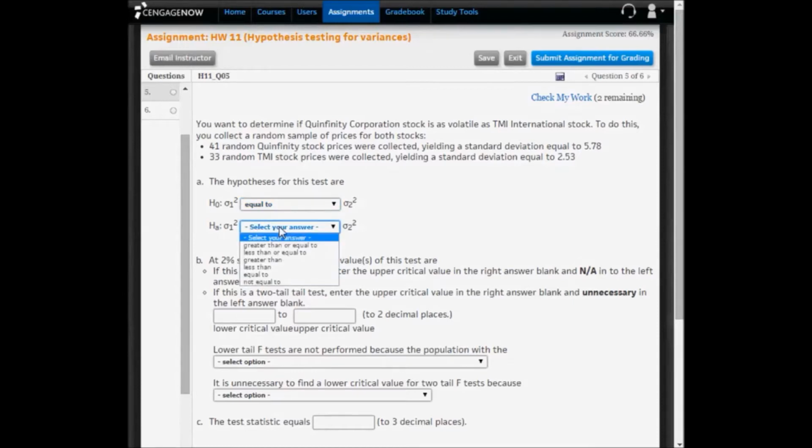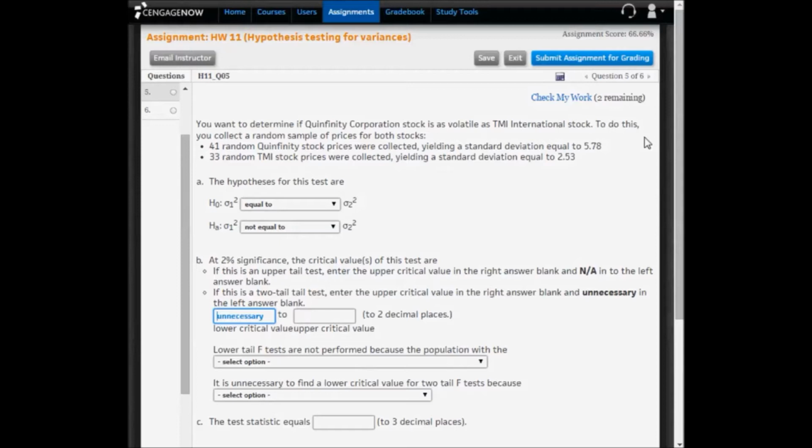The alternative hypothesis is the variances are not equal to each other. Because the alternative hypothesis suggests that this is a two-tailed test, we have to enter the upper critical value in the right answer blank and "unnecessary" in the left answer blank.